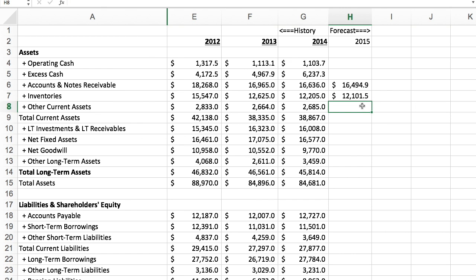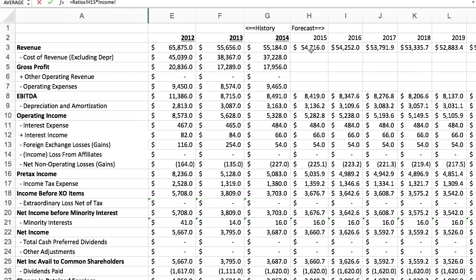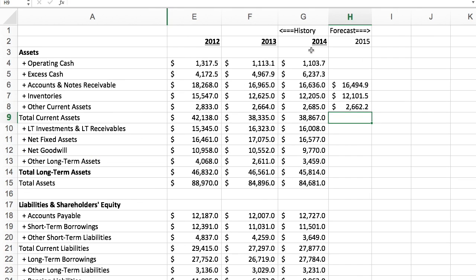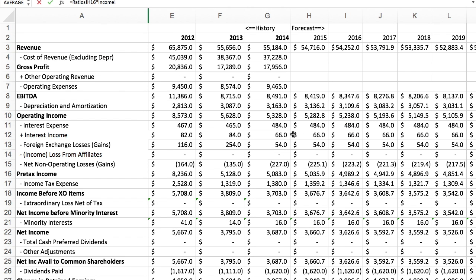Next line item is other current assets. Equals from the ratios tab, 2015 other current assets times income 2015 revenue. Long-term investments equals ratios 2015 long-term investments times income 2015 revenue H3.